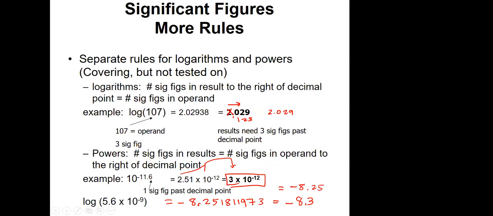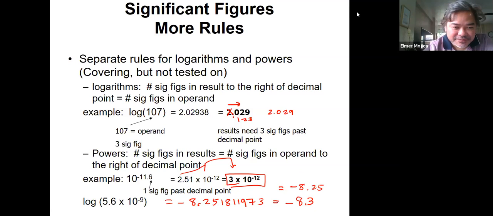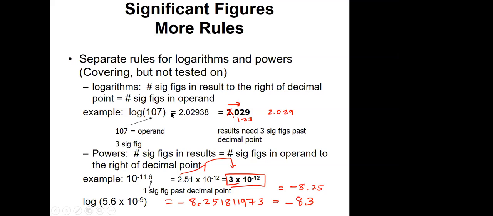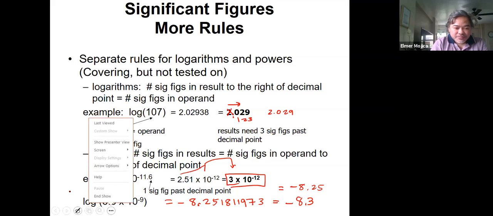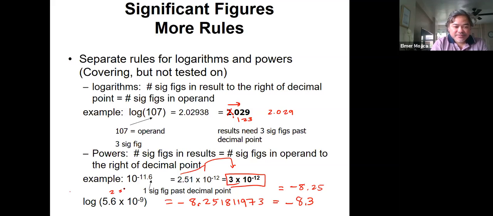So remember, you have here a log. So the significant figures in the result to the right of the decimal place is the significant figures in the operand. You only have here 1, 2, right? So where are the two significant figures here?